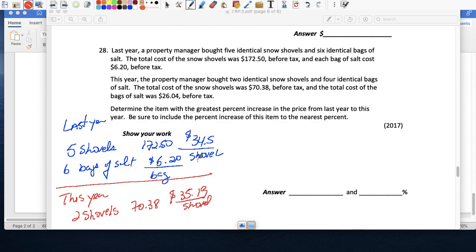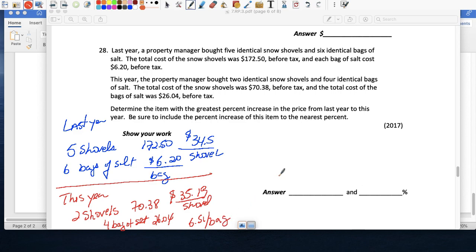As far as the salt, he bought 4 bags. In this case, the total cost of the bags of salt was $26.04. So we divide 26.04 by 4. Each bag was $6.51.